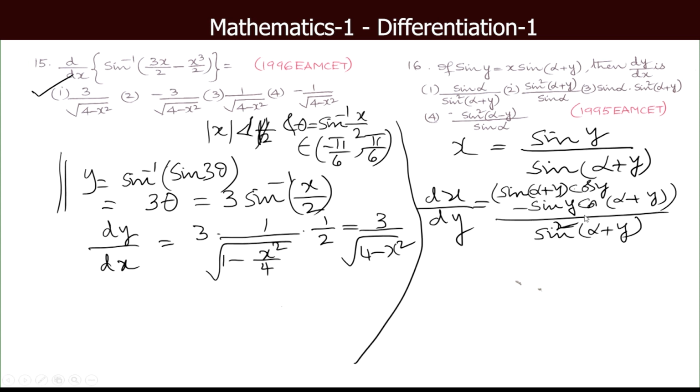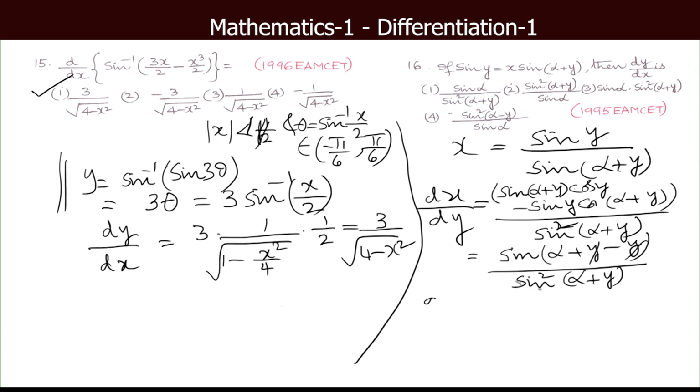Look at the numerator. It is of the form sin a cos b minus cos a sin b: sin alpha plus y cos y minus cos alpha plus y sin y. That is equal to sin a minus b, which here is alpha plus y minus y. Y and y can be cancelled, giving sin alpha, over sin square alpha plus y.